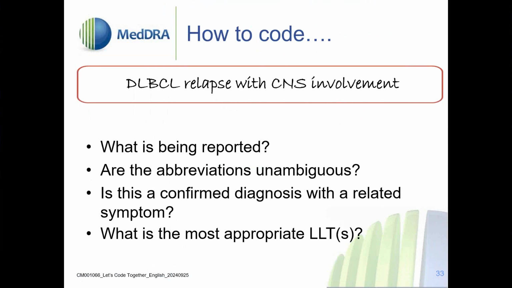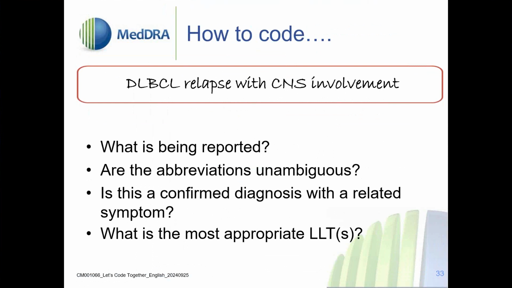Next one is quite complicated. So we have a DLBCL relapse with CNS involvement. What could this relate to? And is the abbreviation DLBCL unambiguous? CNS stands for Central Nervous System, and you'll find several terms in MedDRA that include the abbreviation CNS.